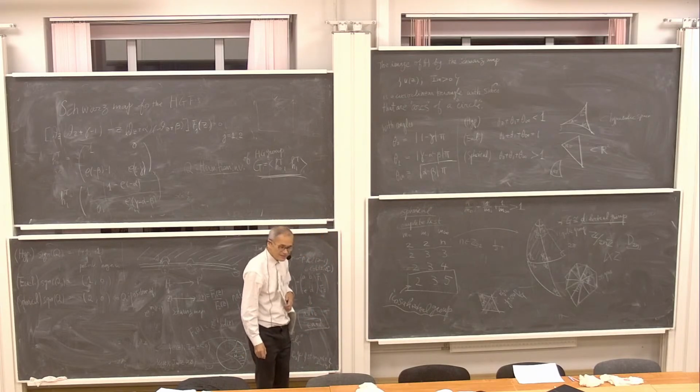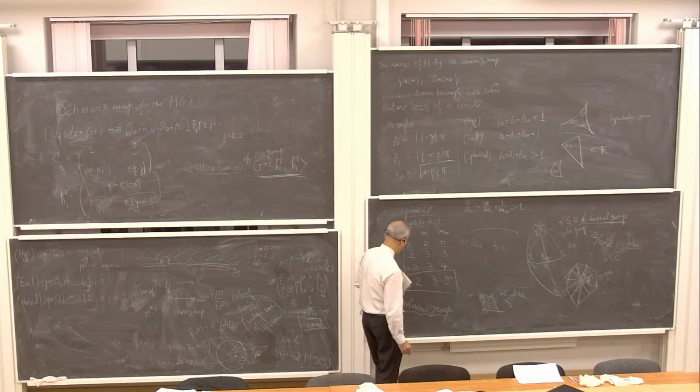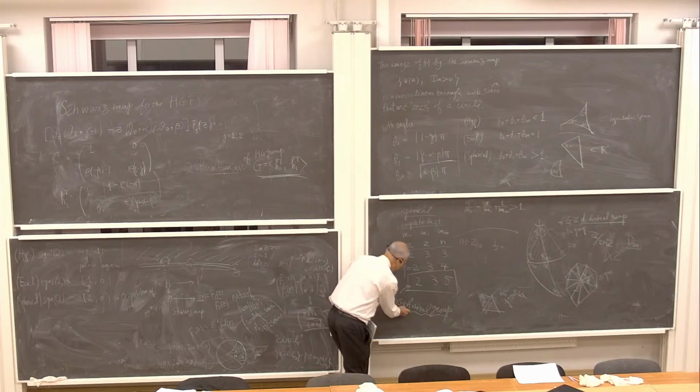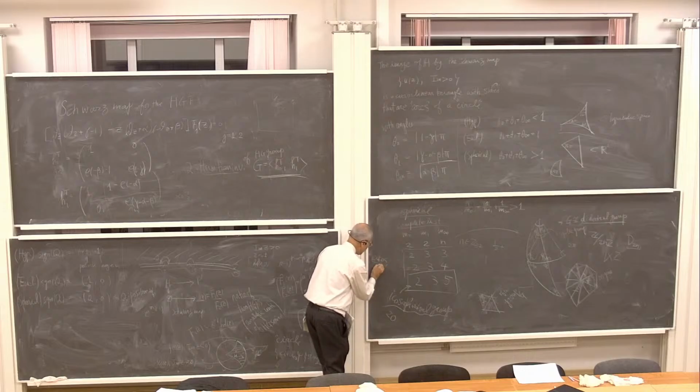So, in fact, they represent Platonic solids. No, the first one is not, but somehow Platonic solids. Icosahedron, icosa means 20 in Greek.